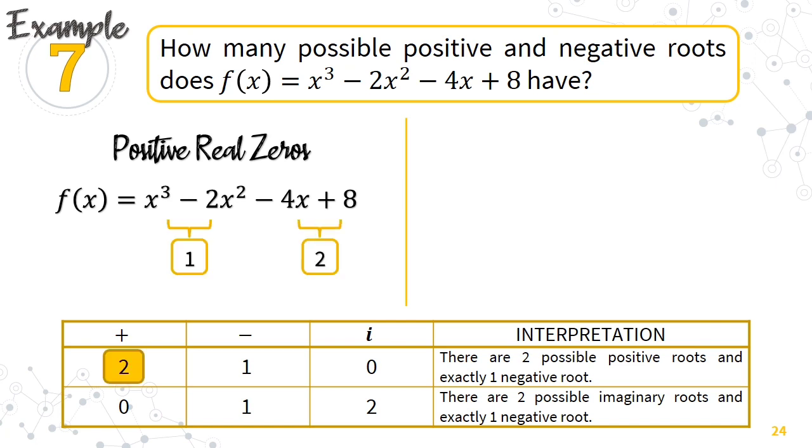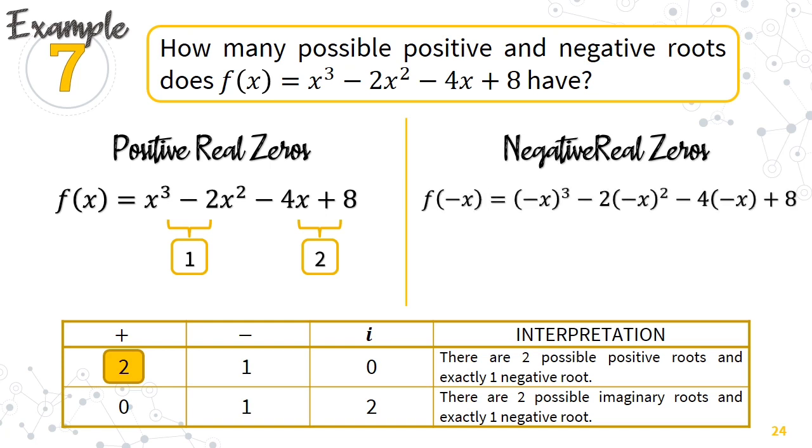For the negative real roots, we have f of negative x equals negative x cubed minus 2 times negative x squared minus 4 times negative x plus 8. Further simplifying, we have f of negative x equals negative x cubed minus 2x squared plus 4x plus 8. And here, we have only one variation of sign.